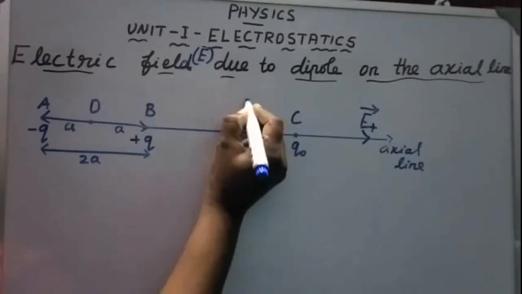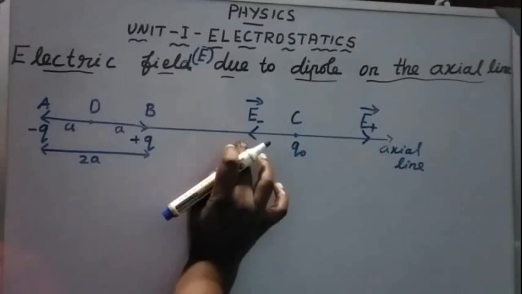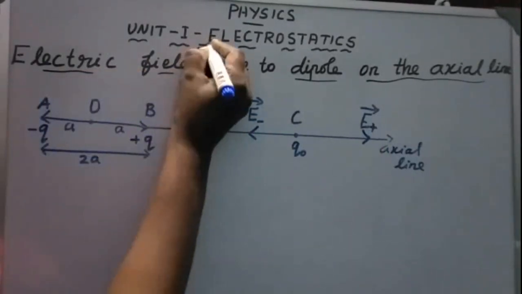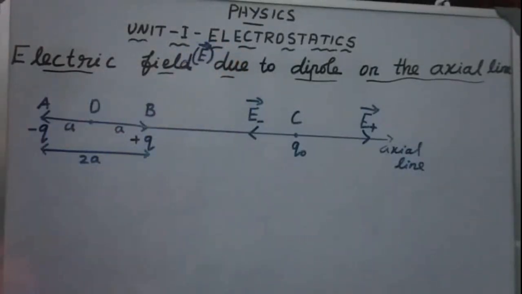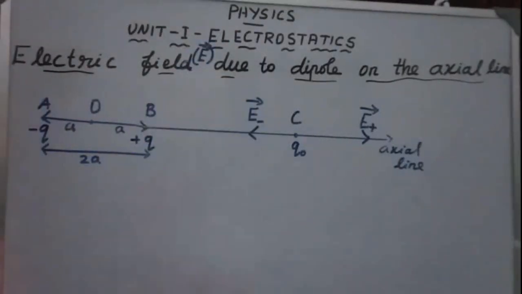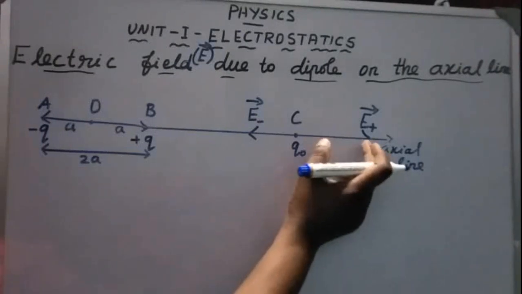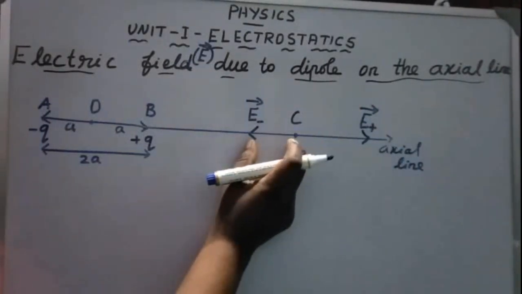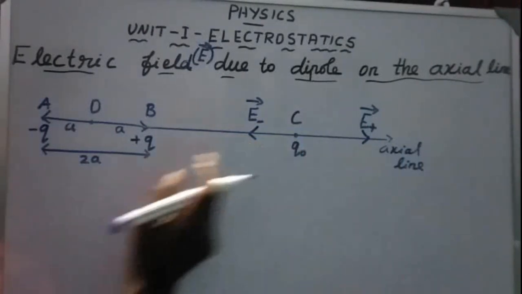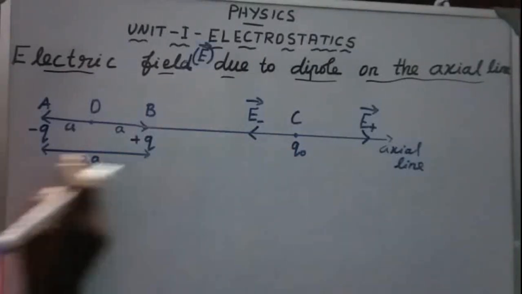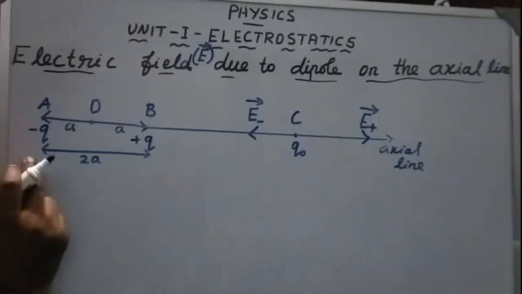From this E plus vector and E minus vector, we are going to derive the electric field E vector. Finally, in this derivation we are going to derive the formula for E vector. In this diagram, the length of E plus vector is greater than E minus vector, because plus Q is placed nearer to C than minus Q.